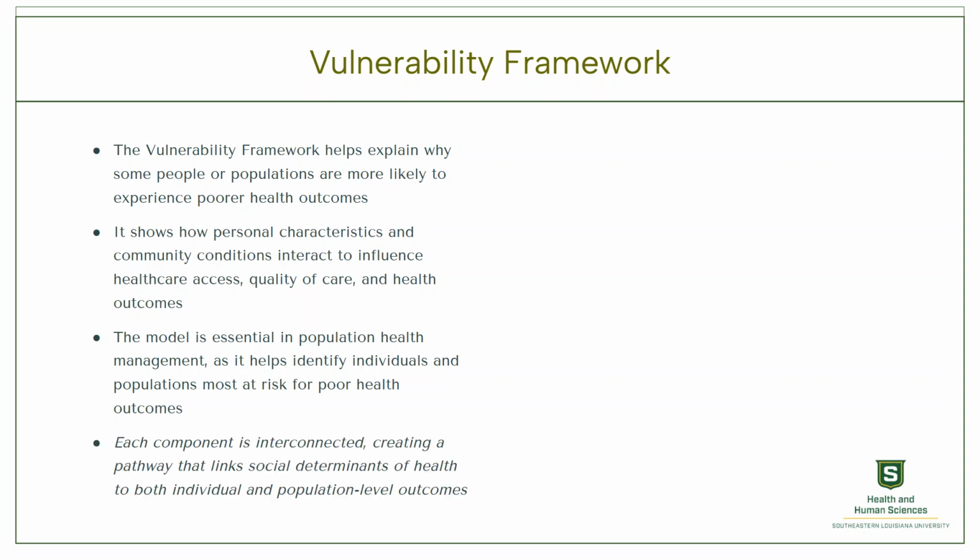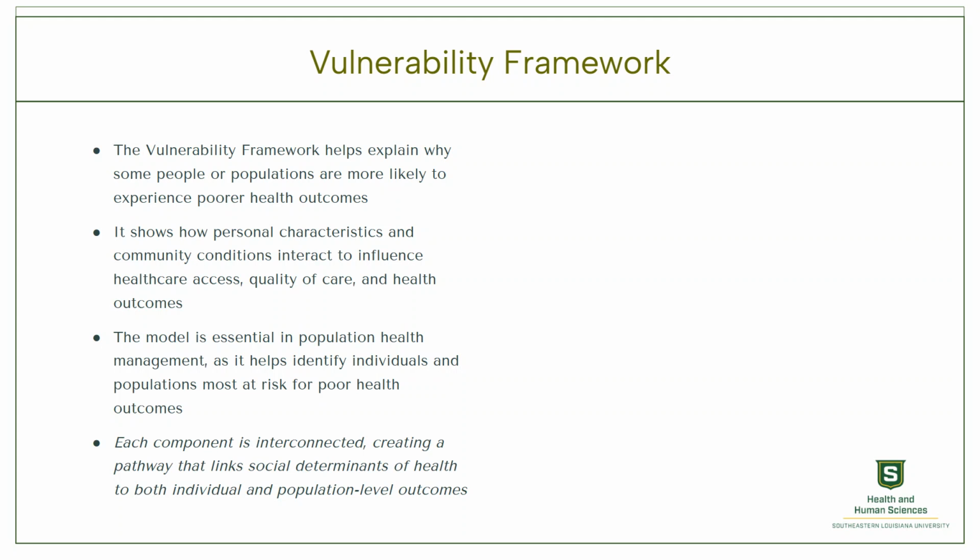Each component of the vulnerability framework, which I will show you what the model looks like in a bit, is interconnected, and this interconnectedness creates pathways that link social determinants of health to both individual and population health outcomes.